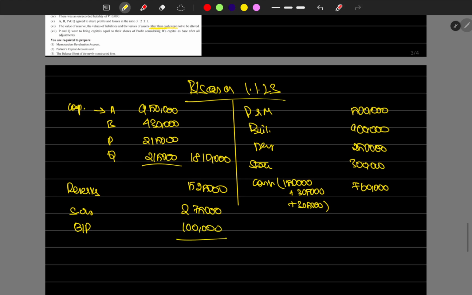If we total it, it would be the same. 5 lakh plus 9 lakh plus 2 lakh 50,000 plus 3 lakh plus 7 lakh 60,000, which is 27 lakh 10,000. That's the asset side total. 18 lakh 10,000 plus 5 lakh 25,000 plus 45,000 plus 1 lakh. That's it, it's tallied.